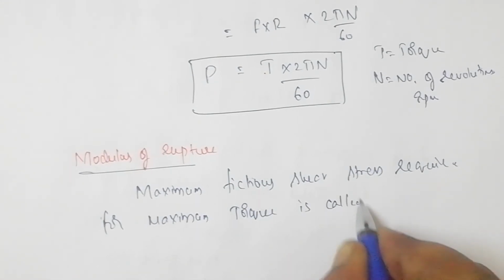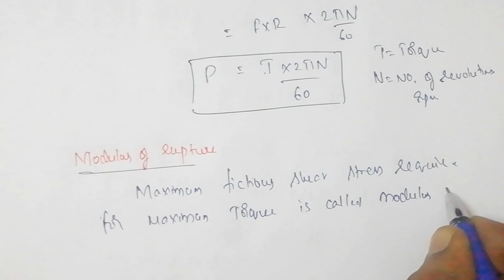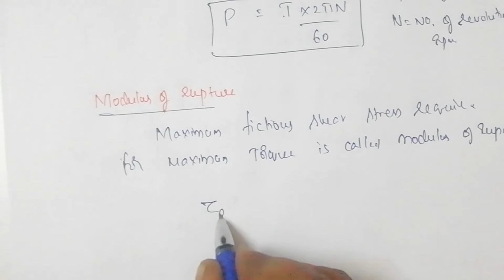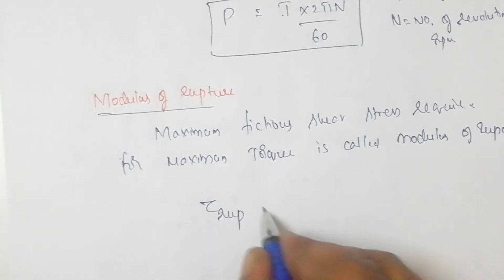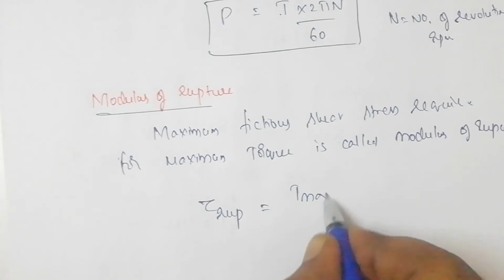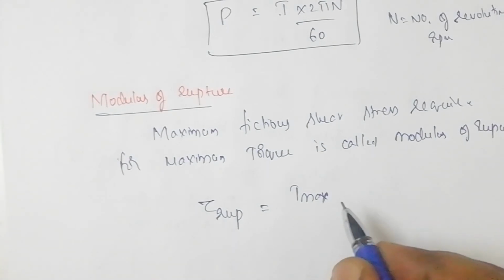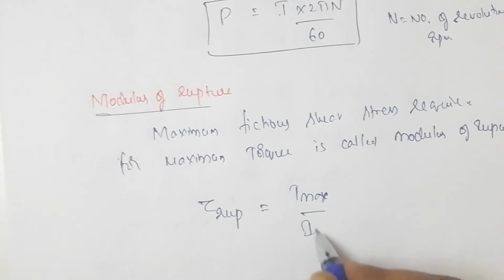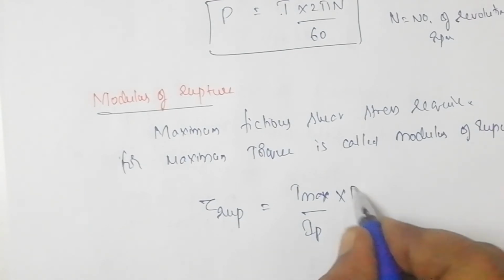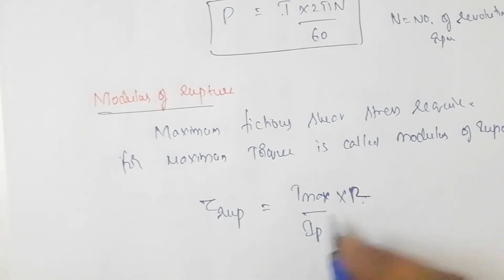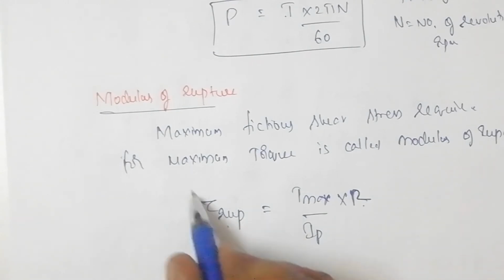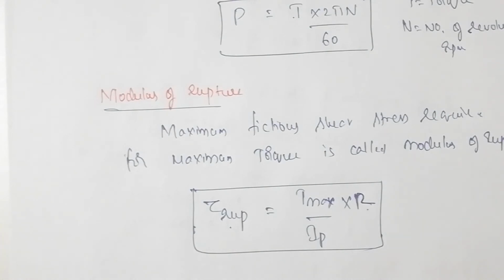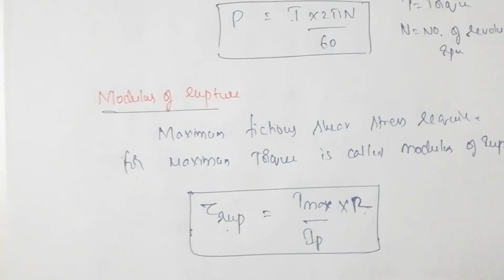Generally they will ask definitions on this. So shear stress at rupture is equal to tau max. From T by IP is equal to tau by R, the maximum torque depends upon the rupture shear stress. So these are the few formulas which will be repeatedly asked. Thank you. We will discuss the problems in the next lecture.